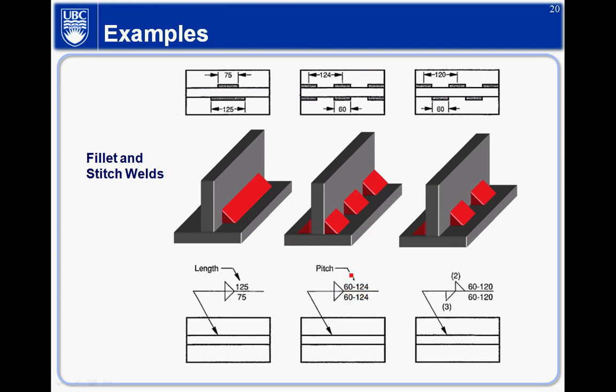So 60 is the length, 124 is the pitch. The two arrows on top of each other basically mean they're kind of mirrored, right? But for this one, the two things are not on top of each other, and there's actually 2 and 3, which means there are 2 instances here and 3 instances on the other side, right? So those are basically what these symbols mean.